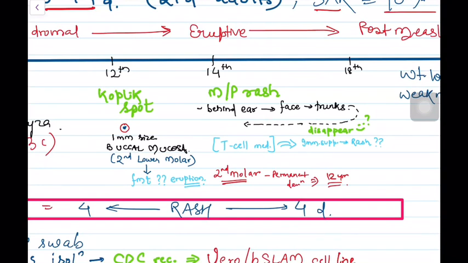The rash comes from behind the ear, then it will move to the face, then to the trunk, and on the 18th day it will disappear, in just the same sequence, right?